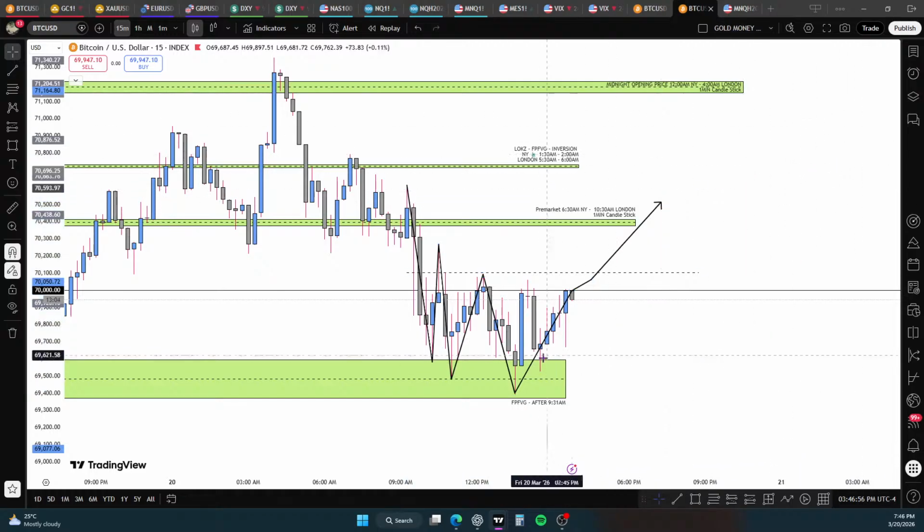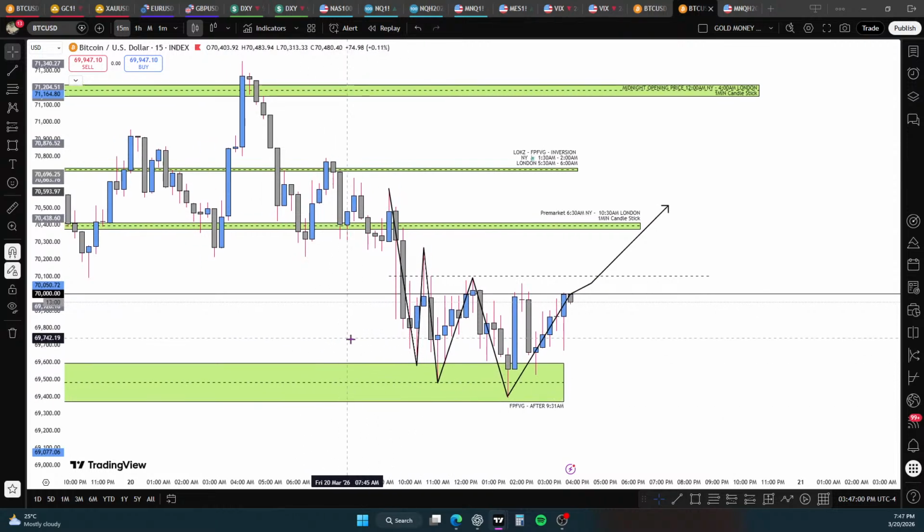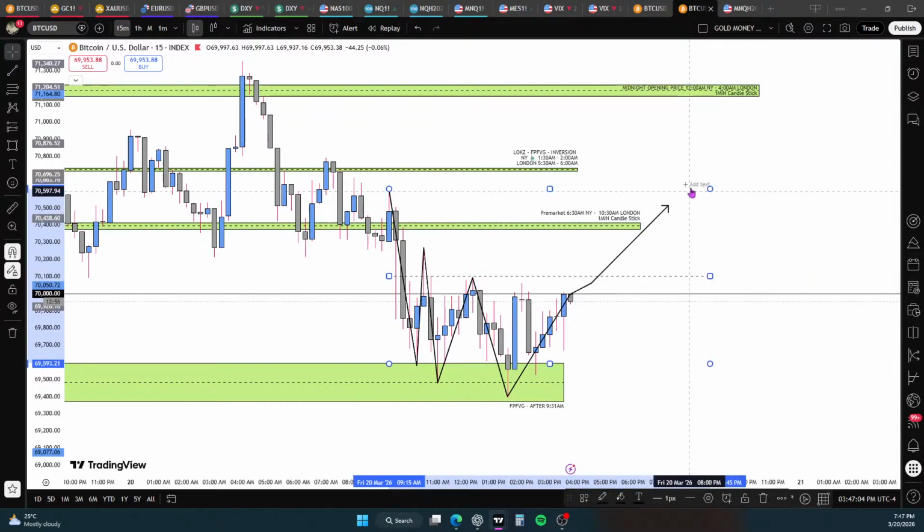So this is our 3 drives pattern on the 15-minute time frame it has formed. I think that this is what has established. So I want to just type the targets on. So this is the 50%. One sec. 50%. 3 drives target.